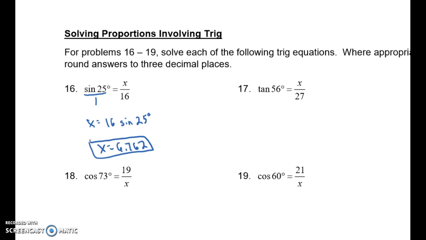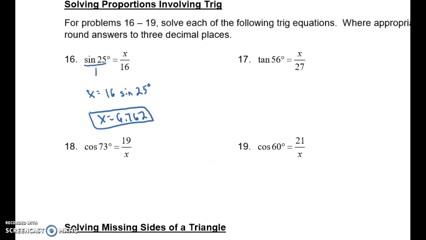Okay. Number 18 is one that looks initially different, but same basic idea. It's just going to be a little bit more challenging to solve. So we want to cross multiply that. I've got x cosine of 73 degrees, and that equals 19. So when I solve for x, I'm going to have to divide by cosine of 73.